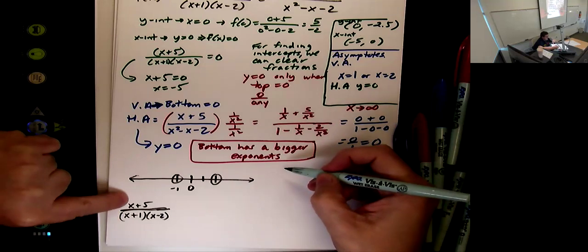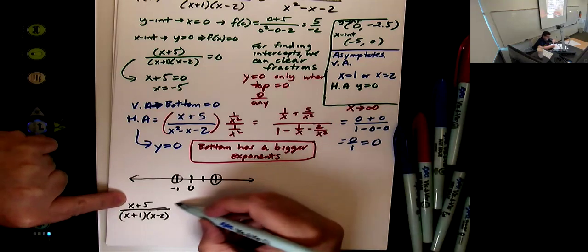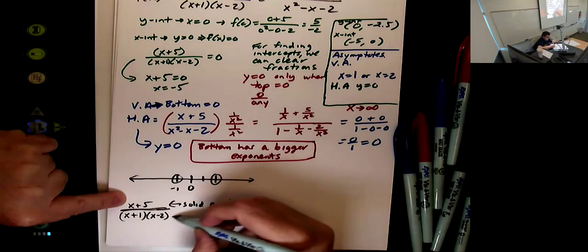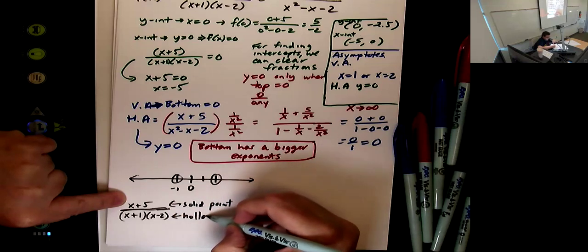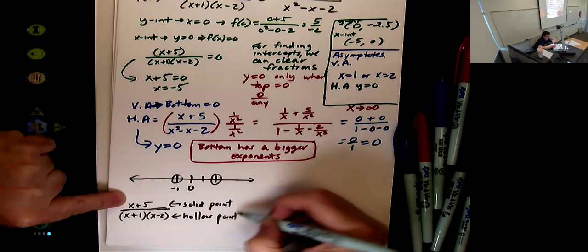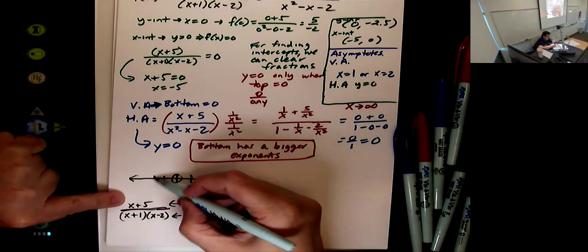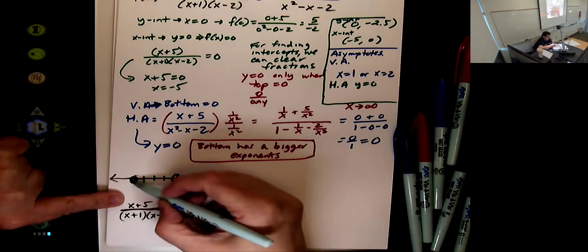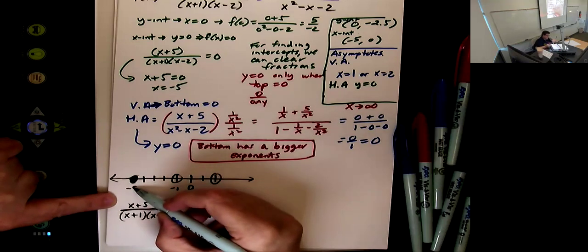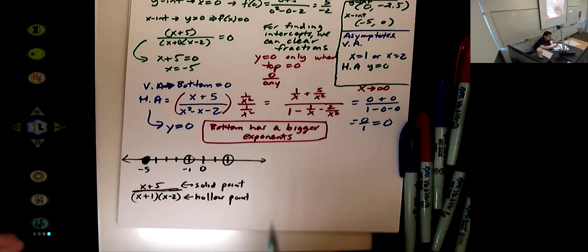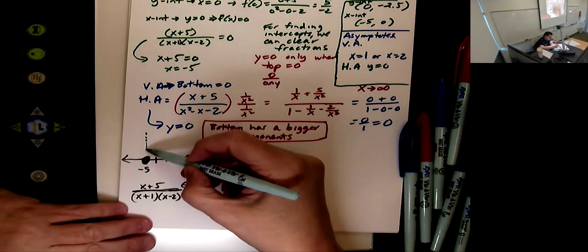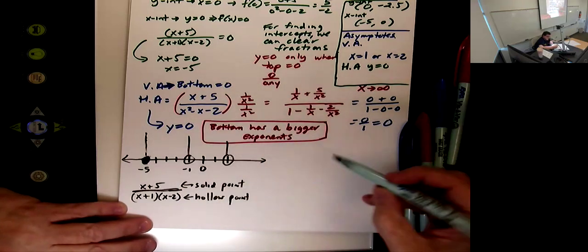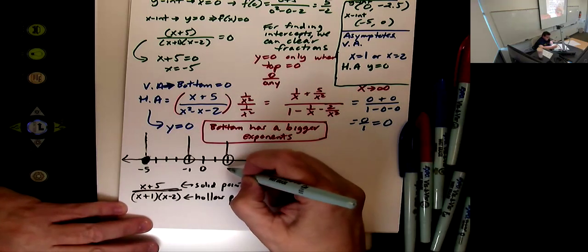And anything on the top got a solid point. So solid point, hollow point. -2, -3, -4, -5. So I'm going to just break this up into regions and test values from each region.